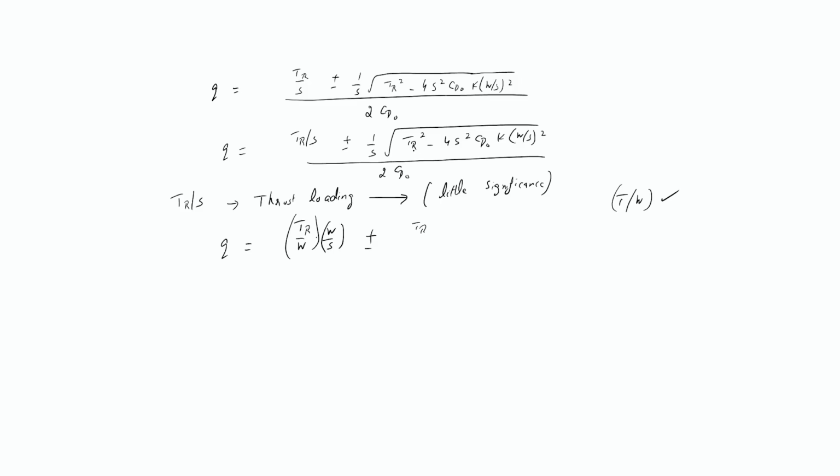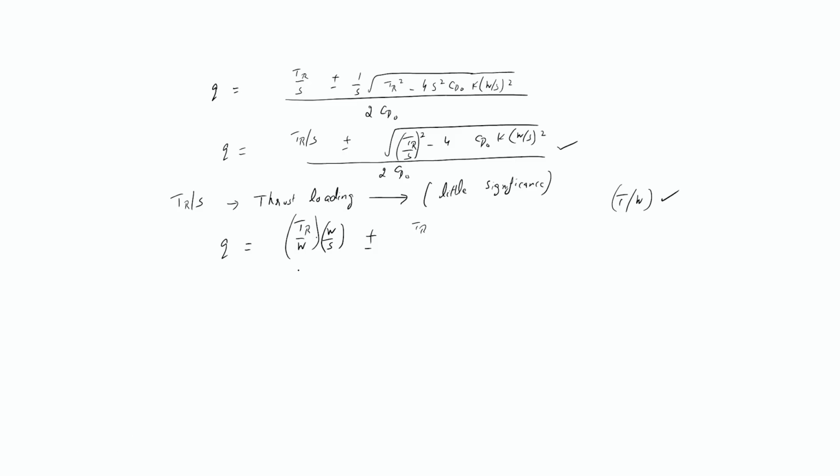So here in this case 1 by S. So TR by S plus or minus, this will be TR by S whole square. This is whole square over here, please make a note of it. TR by S whole square minus 4 CD naught K, 4 CD naught K W by S whole square. We can remove S square from here. Alright, so please make a note of it.